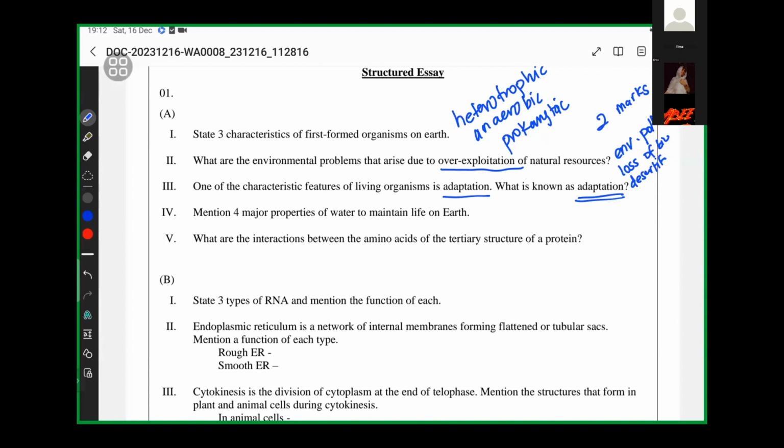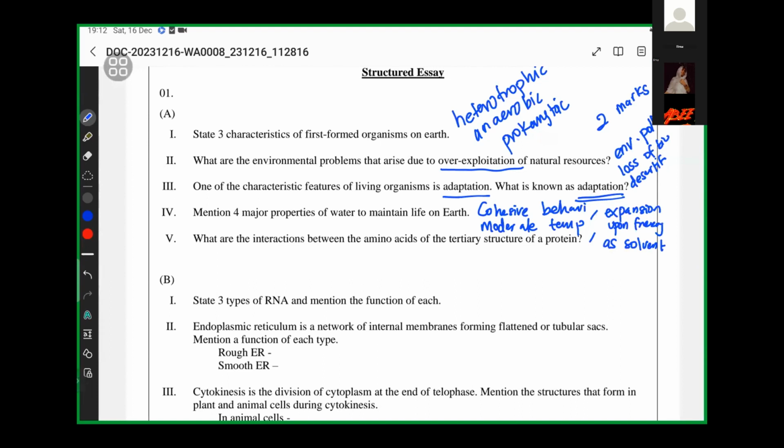The major properties of water to maintain life on Earth are the cohesive behavior, ability to moderate the temperature, expansion upon freezing, and the property as a solvent. So these are the 4 properties of water that are essential to maintain life on Earth.